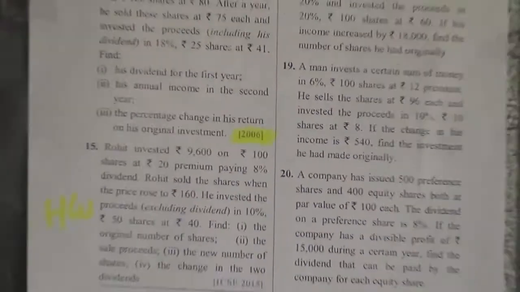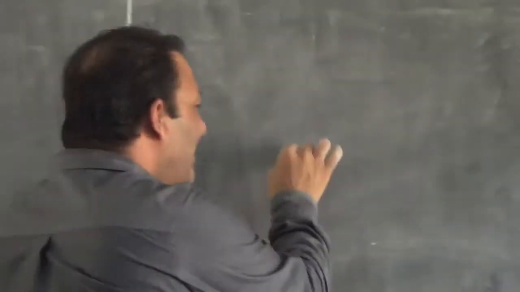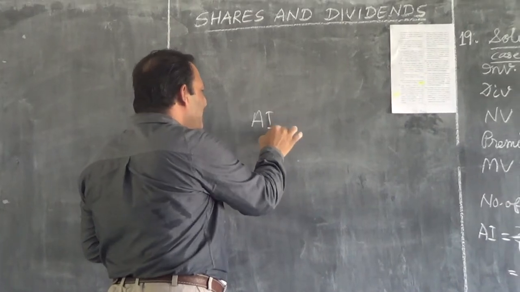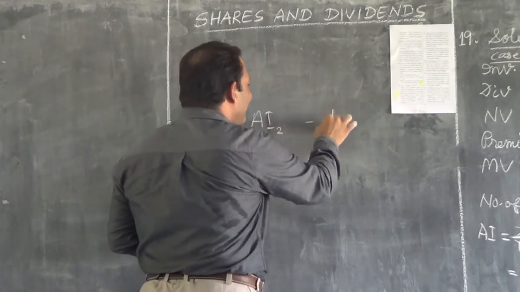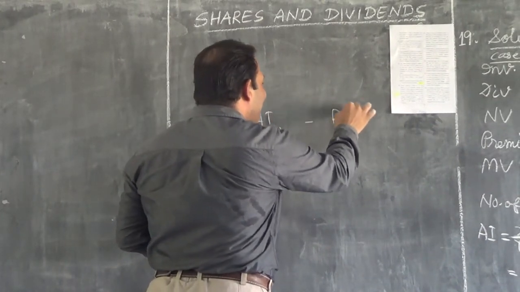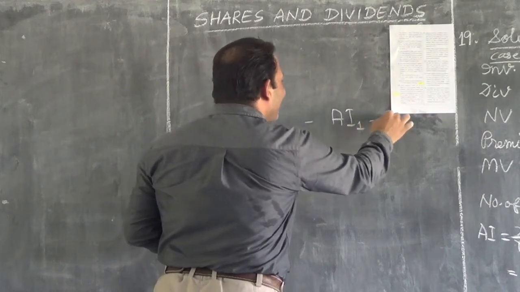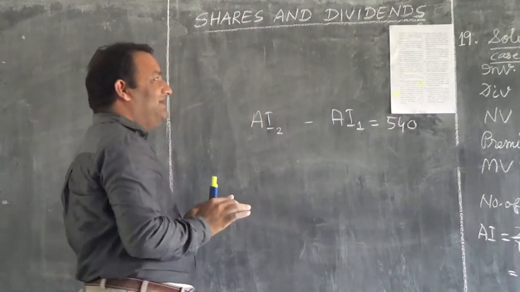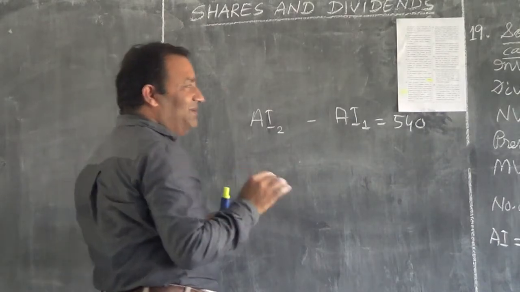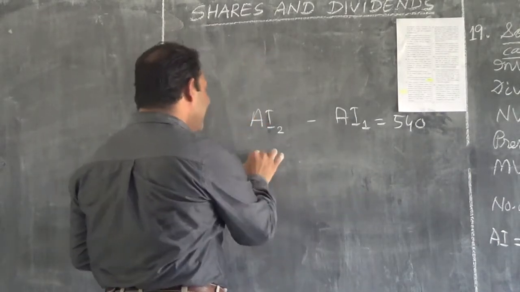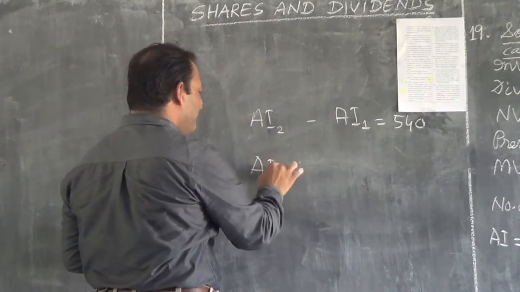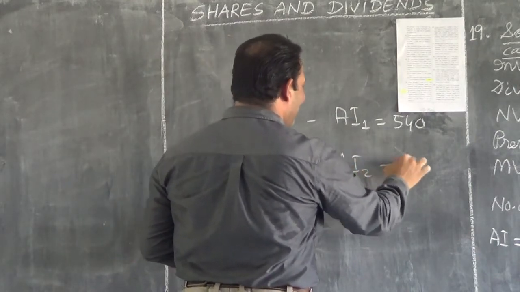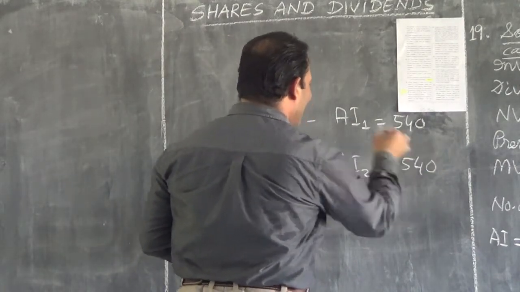If income has increased, then annual income of the second company minus annual income of the first company equals 540. And if the annual income has decreased, then first year's annual income minus second year's annual income equals 540. So what to do here, children?